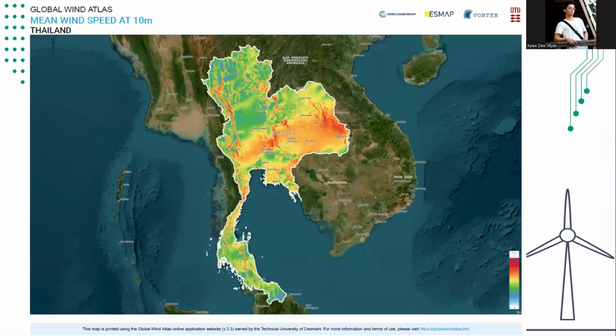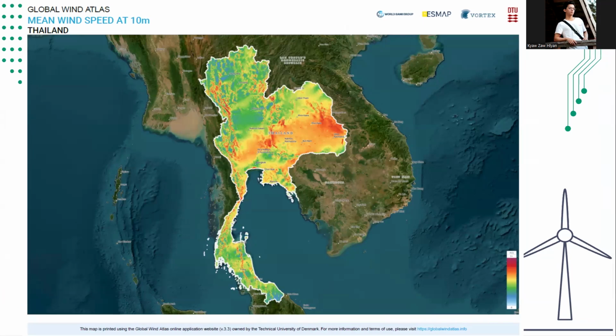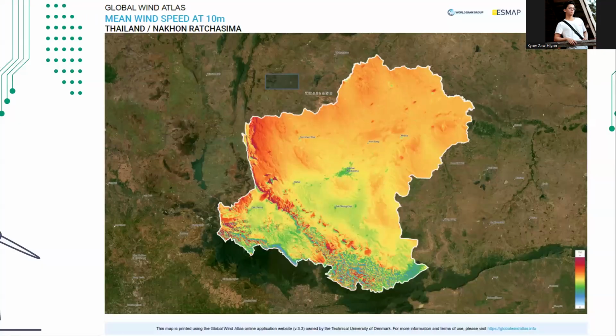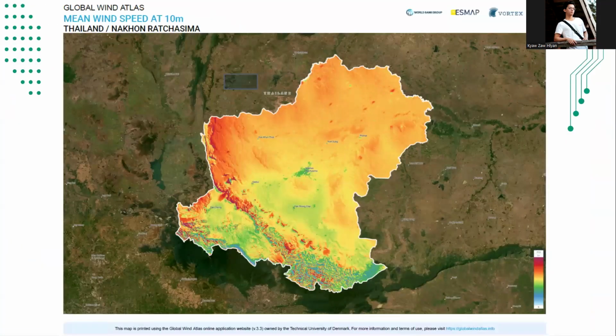Here we see the wind speed according to locations in Thailand, based on a height of 10 meters above sea level. The redder the patch, the faster the wind speed. In Ratchasima, the northwestern part of the area is the most efficient for installing wind turbines.